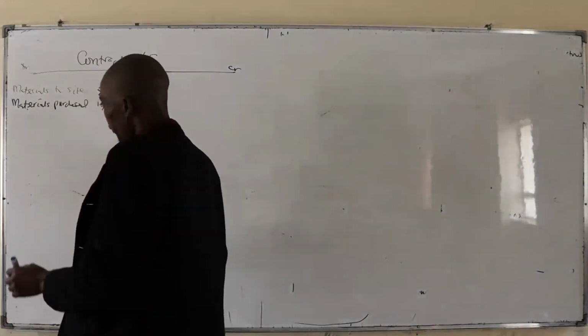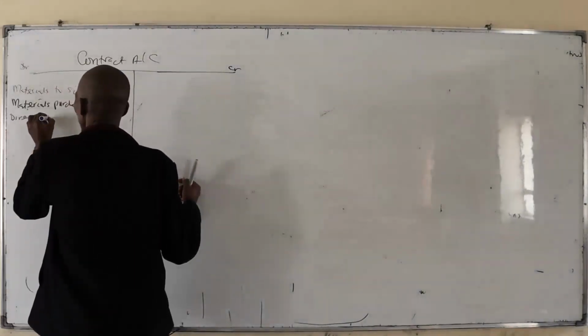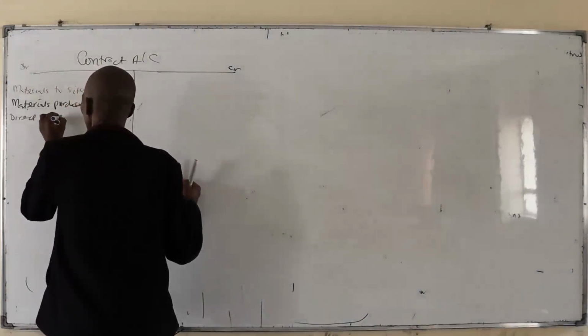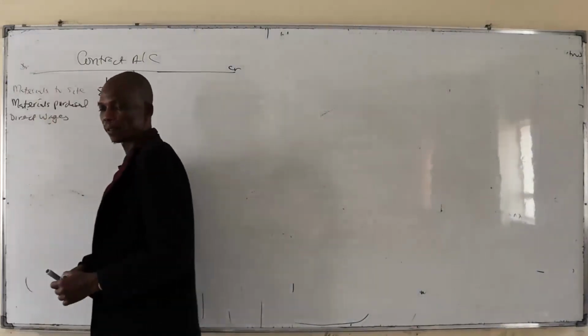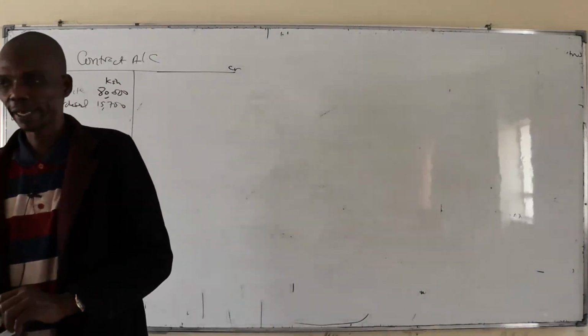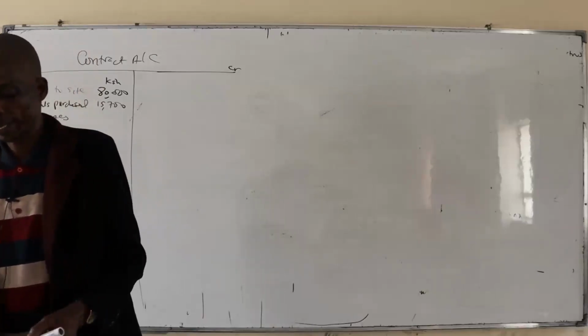Next we have the wages, the direct wages. There are two: wages which have already been paid and those which are accruing. As I've said, the accrued wages are those which have not been paid, but they belong to the current period.